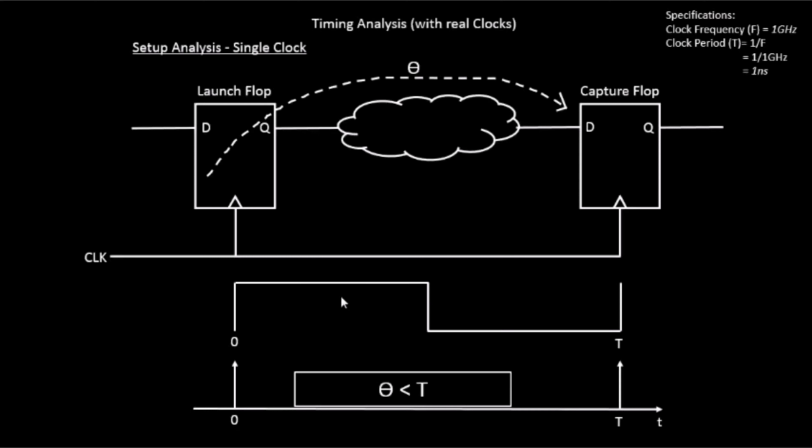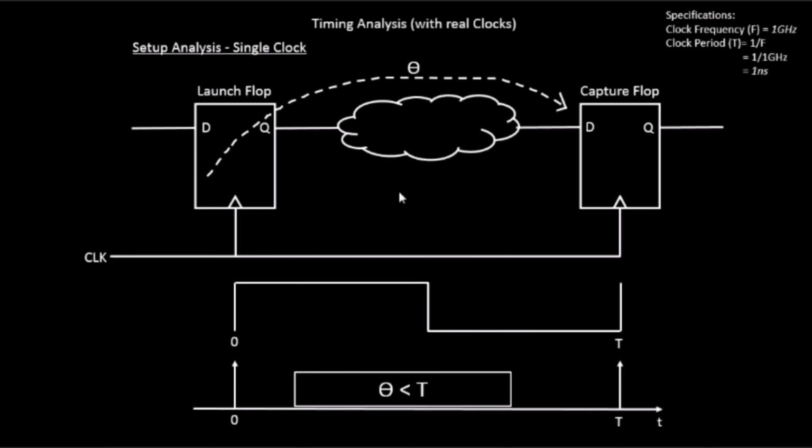We want to justify that your data path delay, which starts from clock to Q through the complete combinational delay to this particular point, including the wires present over here, all this theta, should be less than your clock period T. If this is met, we say that the system is working at 1 gigahertz. So that is basically the requirement.